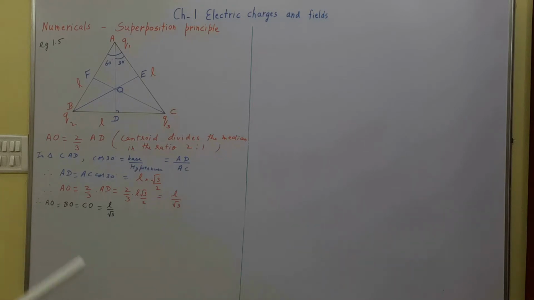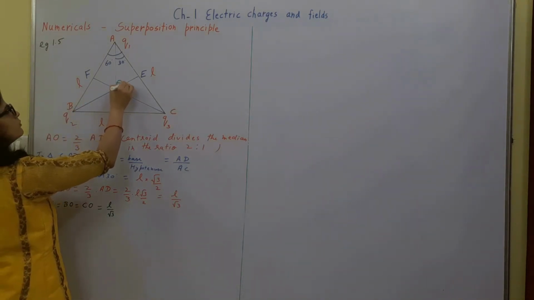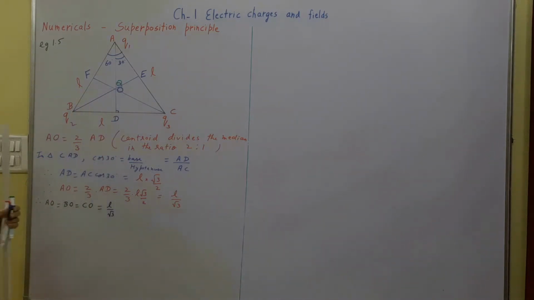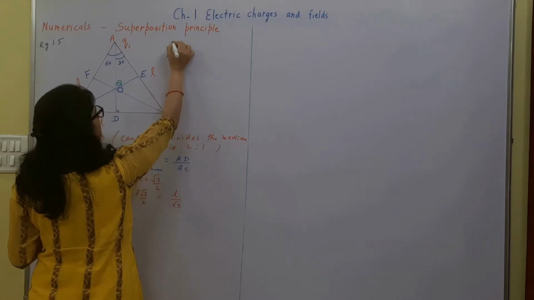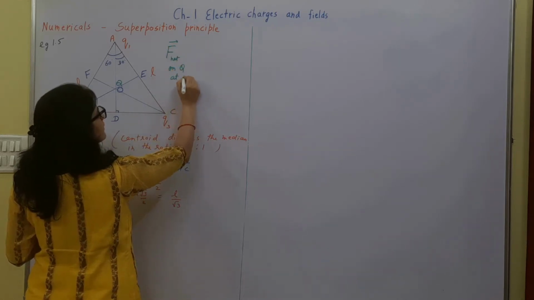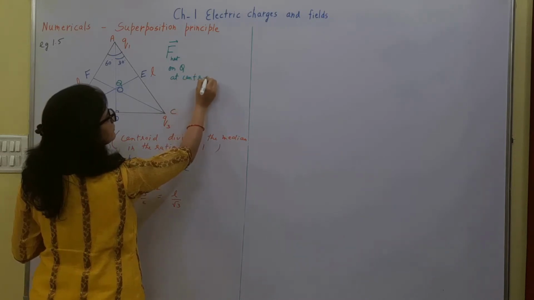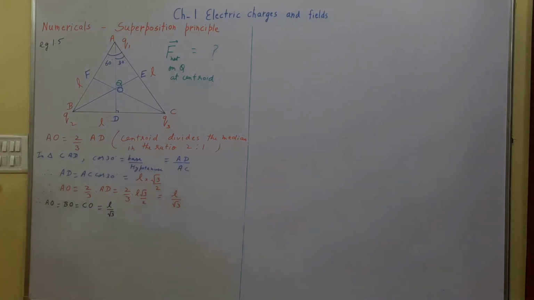Let's find the direction of the force on the charge capital Q which is placed at the centroid. So what we have to find is F net on Q at centroid. This is what we have to find out, right?